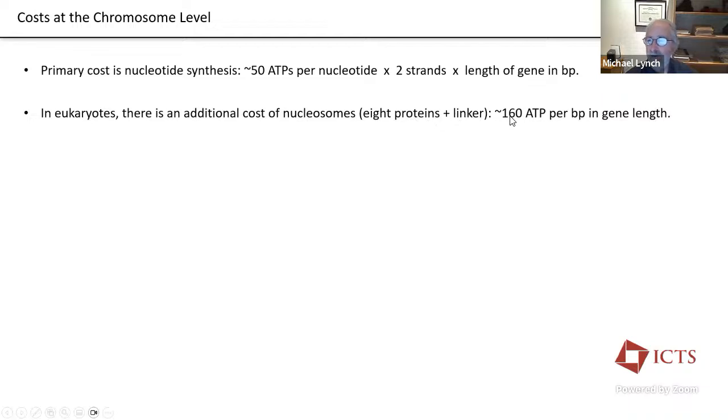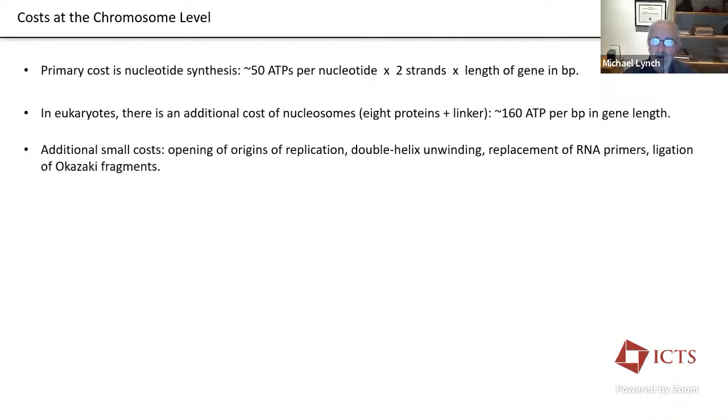That brings in an additional cost equivalent to 160 ATPs per base pair across chromosomes, okay? Regardless of whether there's a gene there or not, that is the cost of histones. So that's comparable, if not more, than the cost at the DNA level. So that's a considerable added expense that we have at the chromosome level in us eukaryotes.